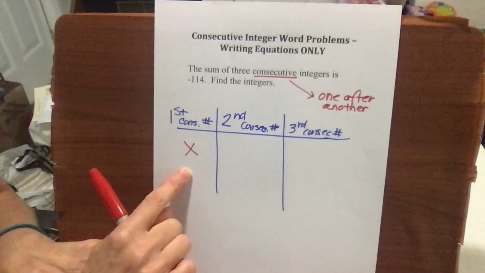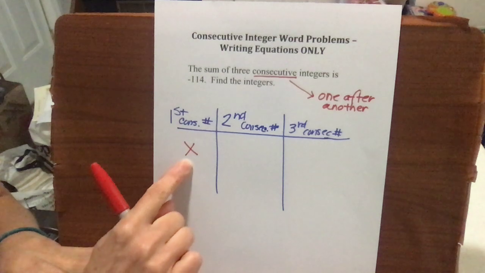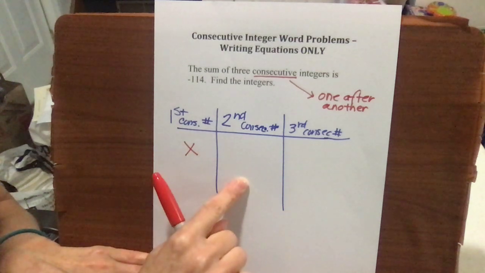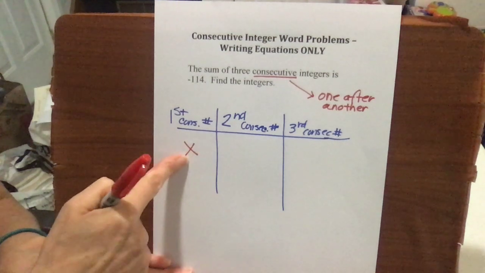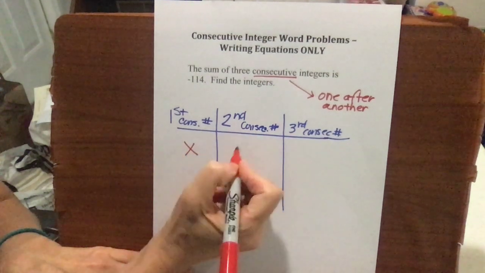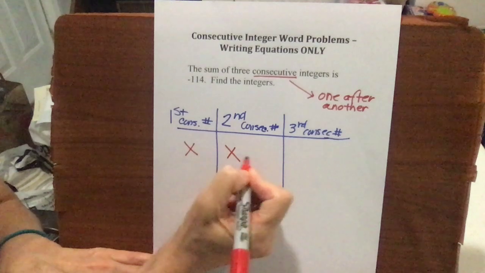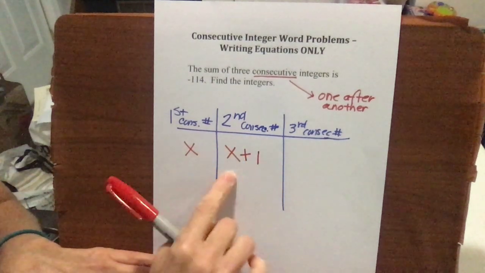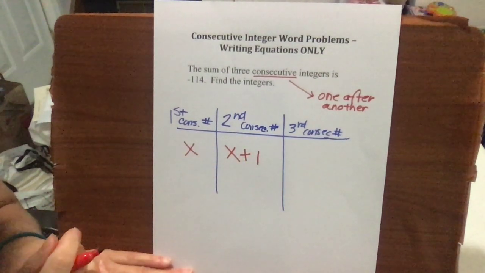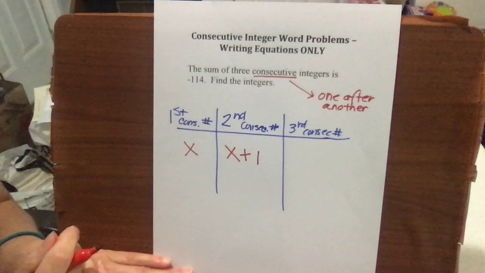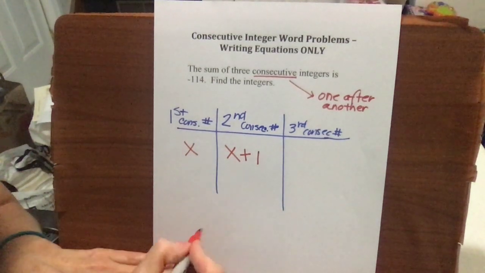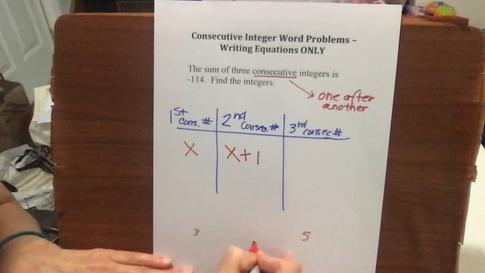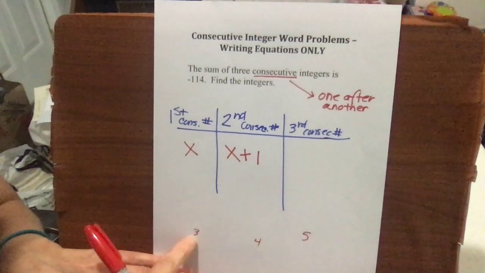If this were the number 3, and the next consecutive integer would be 4, that meant I added 1. So I would take my first consecutive integer of x, the unknown integer, and add 1 to it. So my second consecutive integer is going to be x plus 1. My third consecutive integer, if this were 3 and this were 5, how did I get from 3 to 5?